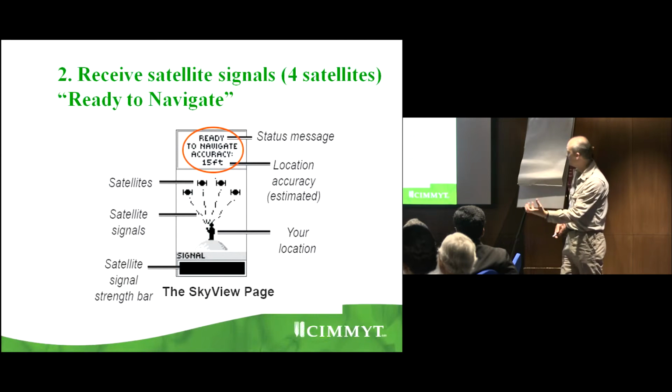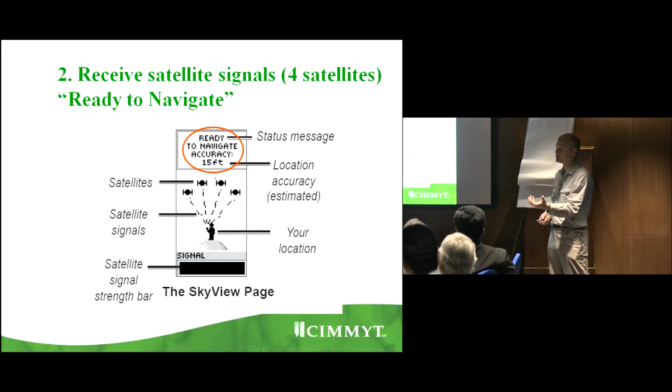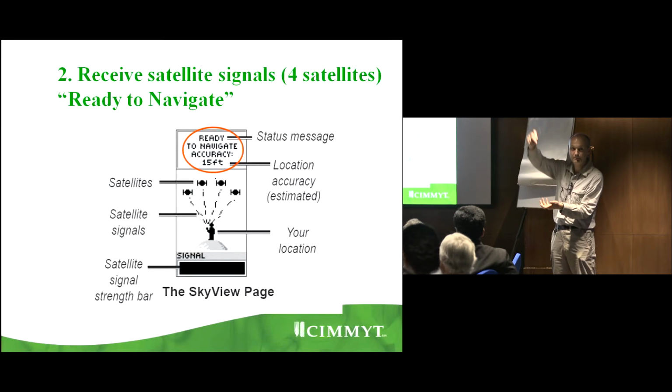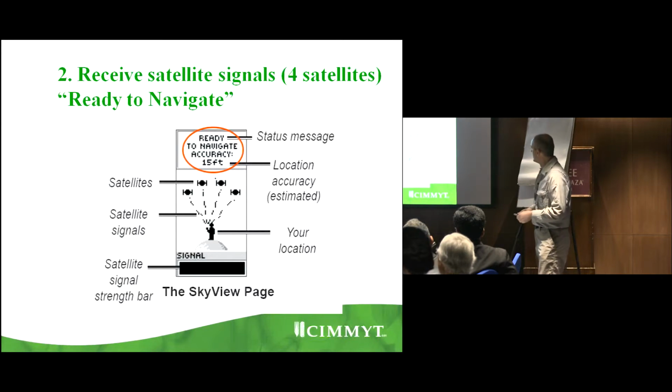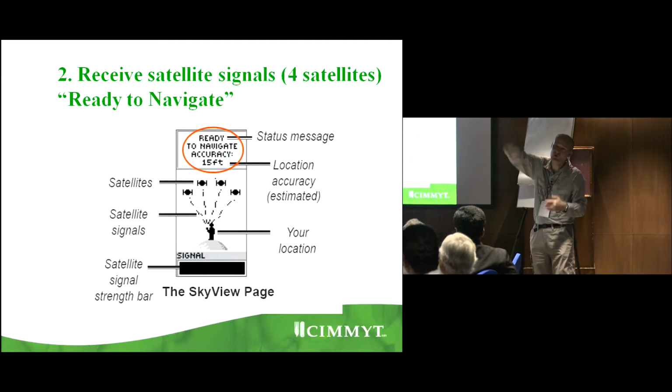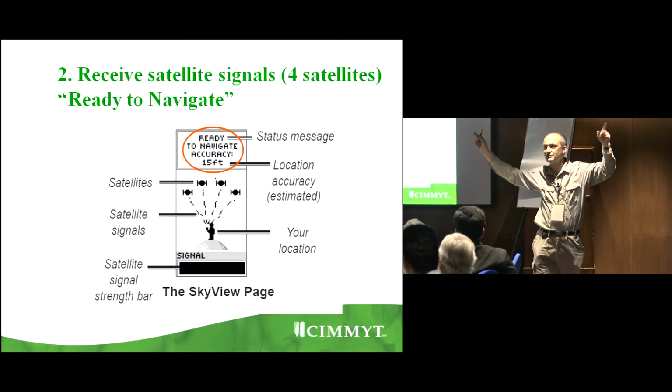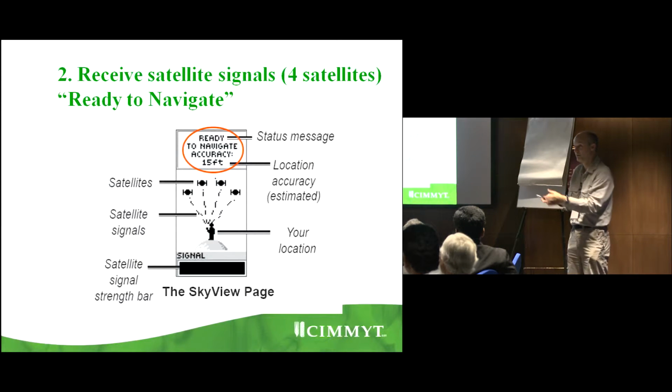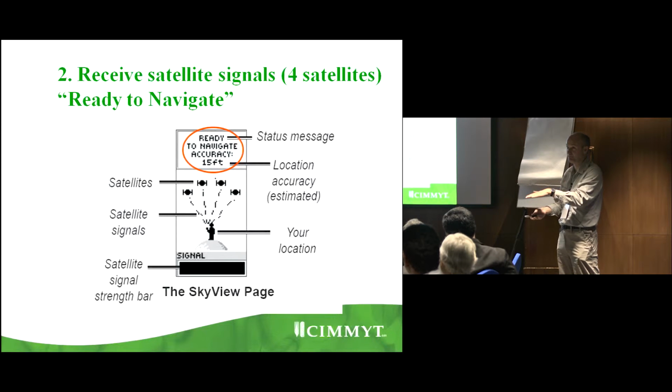You'd wait until it's received the satellite signal, yeah? So you need to get signals from at least 4 of those 21 satellites if you're going to get a location, a latitude, a longitude, and an elevation.